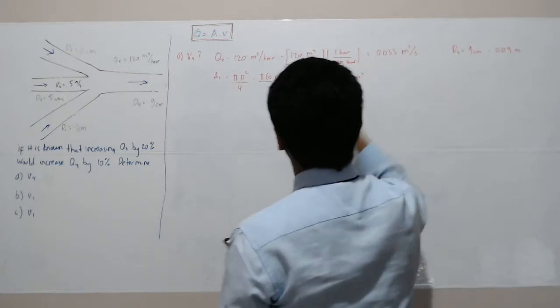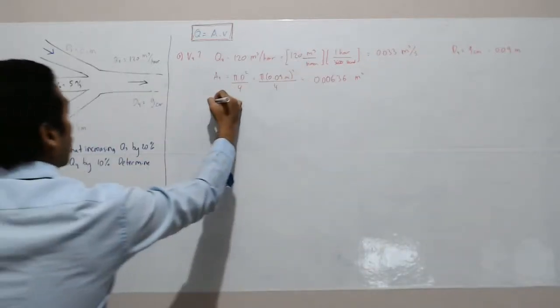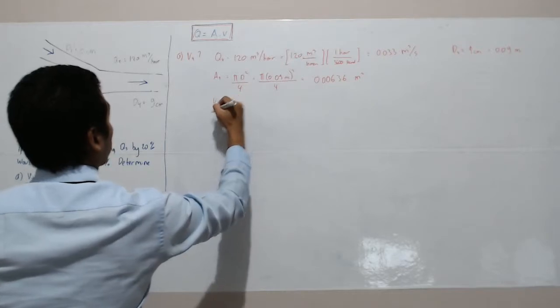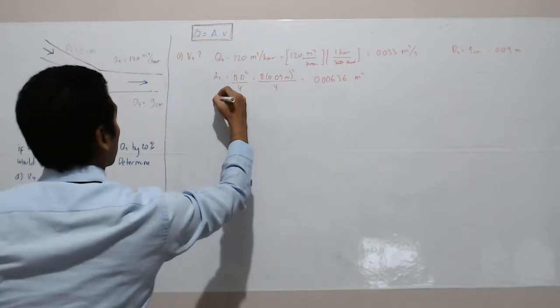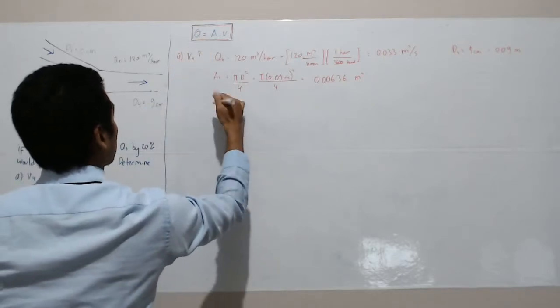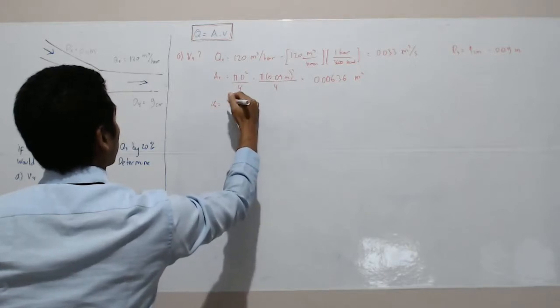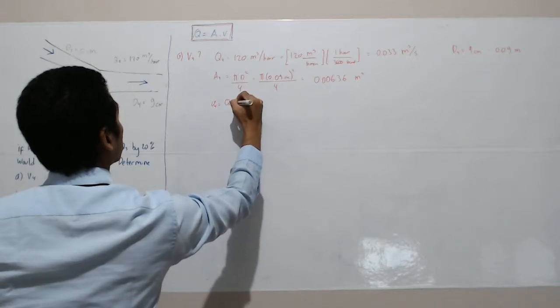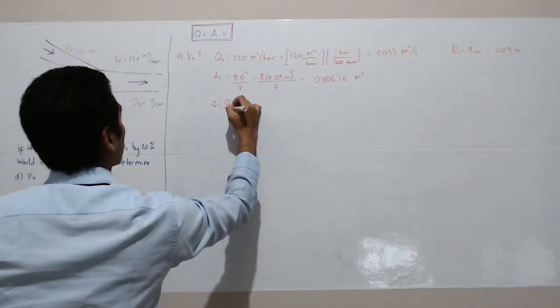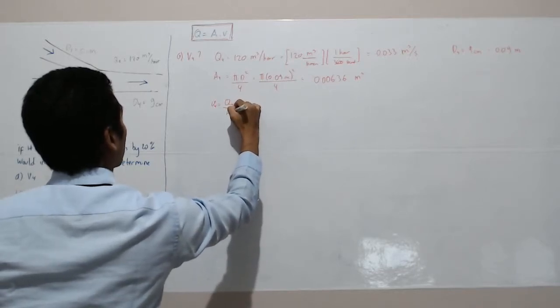square meters. Now we know from the equation that the velocity, this should be a smaller v, of the fourth pipe is equal to Q4 divided by the area of the fourth pipe.